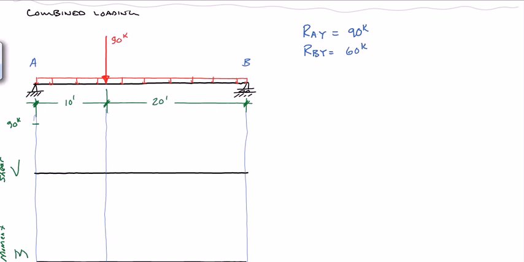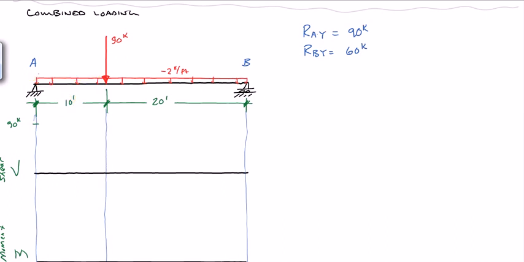And what's going to happen is we're going to drop off at a rate of 2 kips per foot. So if we go out 10 feet, we need to find the change in shear from here to here, which is the area of the load diagram between those 2 points. We have an area here that's 10 feet long and 2 kips per foot tall.